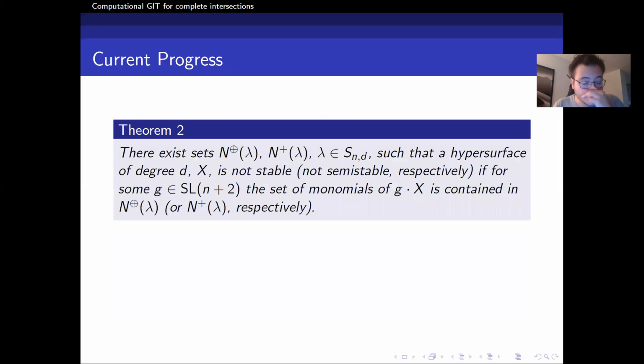Based on this, we found in Theorem 2 that there exist these sets, N^0_{lambda} and N^+_{lambda}, where lambda is in S_{n,d}, such that the hypersurface of degree d is not stable if for some g in SL_{n+2}, the set of monomials of g acting on X is contained in one of these two sets. This is based on some work done by Mumford for similar cases, but essentially what differentiates this is that it is a much more concrete computational approach.